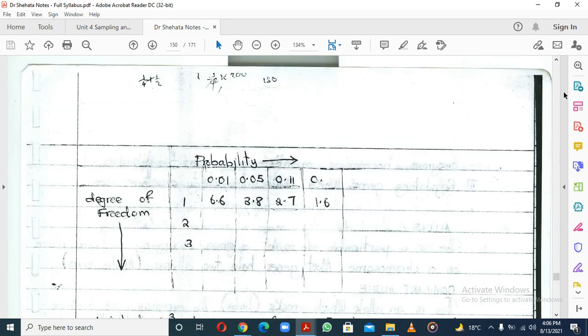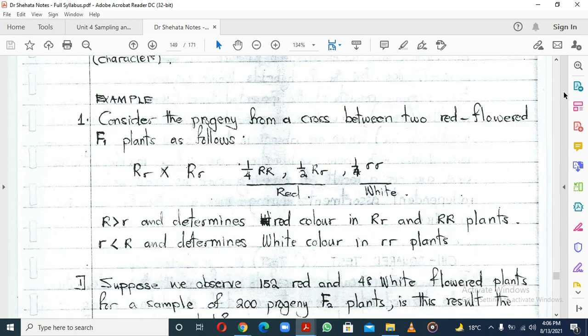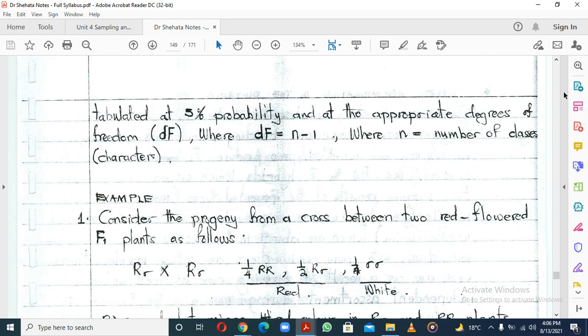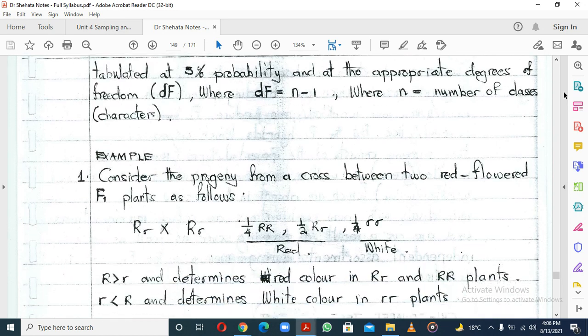Like I was saying for chemistry yesterday, pay attention to the confidence level: 95% confidence level, so 5% probability. Always pay attention to the percent probability because it determines which column you are going to be looking at in the chi-squared table. And the other thing to take note of is the degrees of freedom.